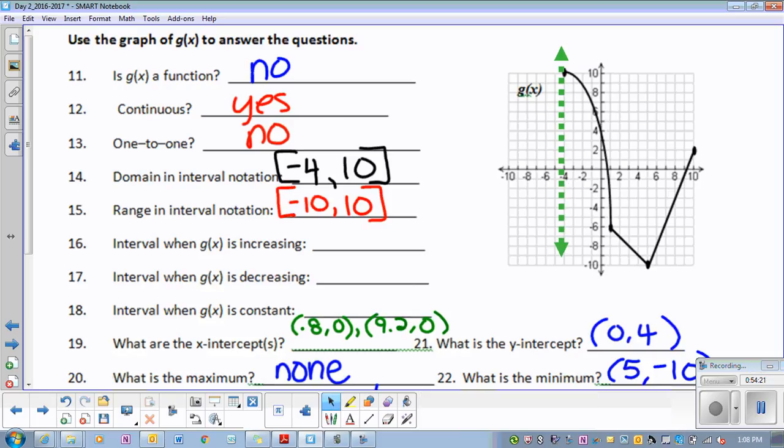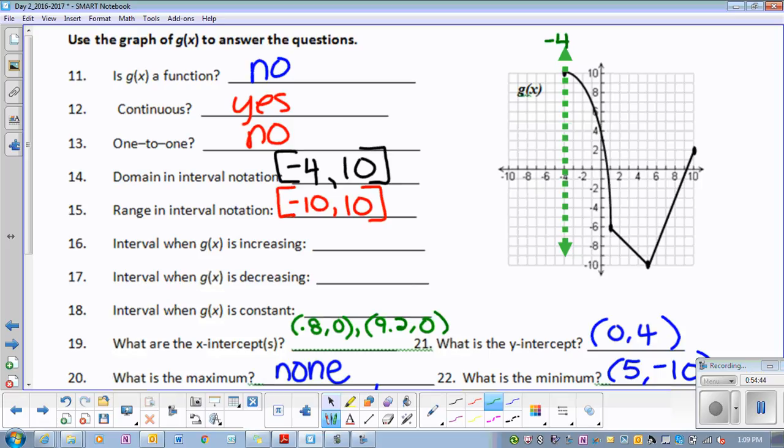Here's where my graph starts, right there. I'm going to draw a vertical dotted line. The x number is -4. You see where I got the -4?